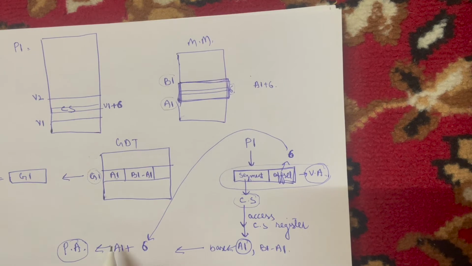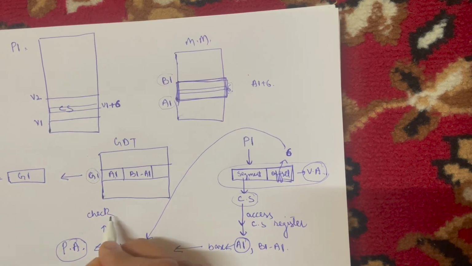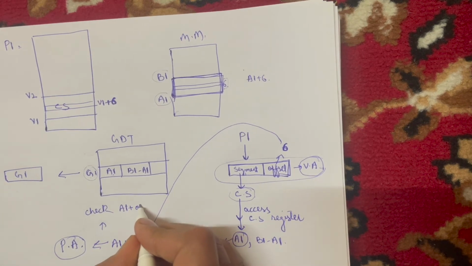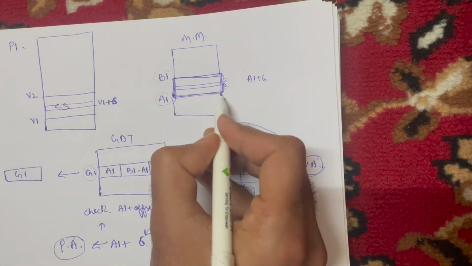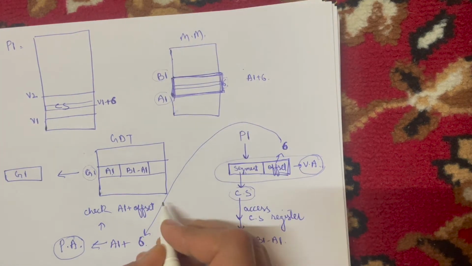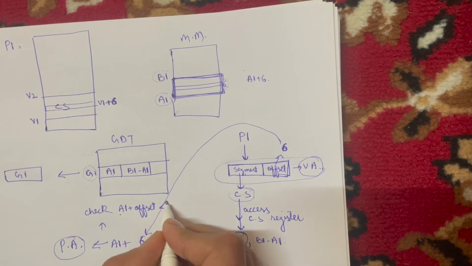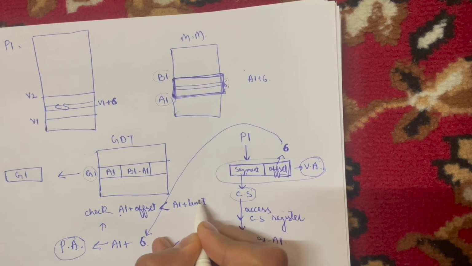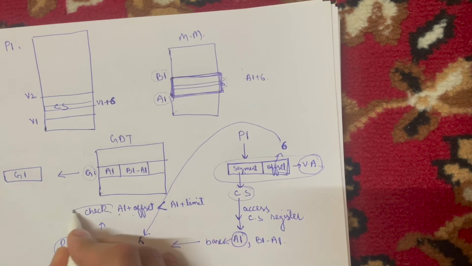So before doing this, I will check this address A1 plus offset. It should be under this limit, under this segment. A1 plus offset should be less than A1 plus limit. If it is greater than this, we will raise an exception.